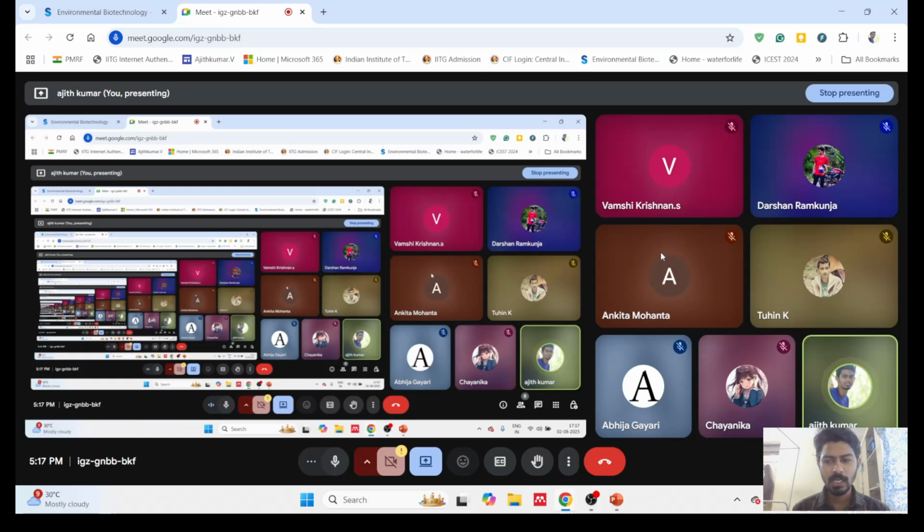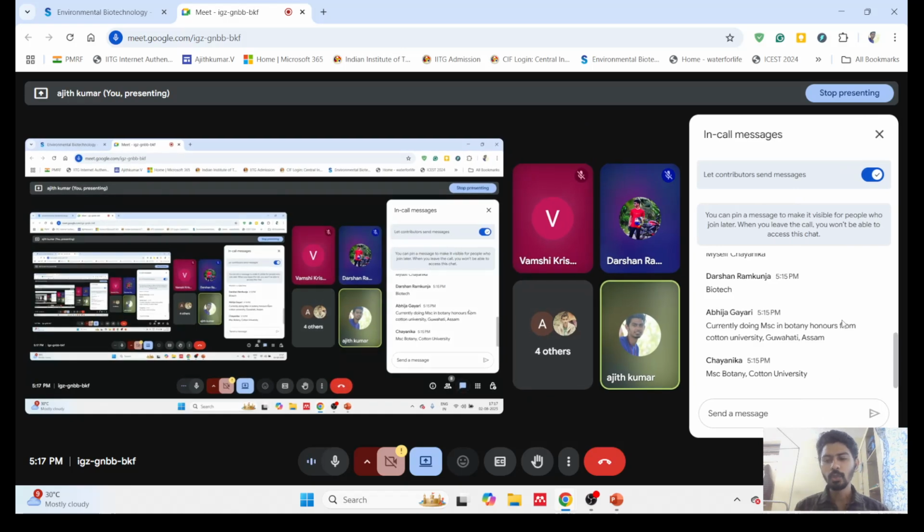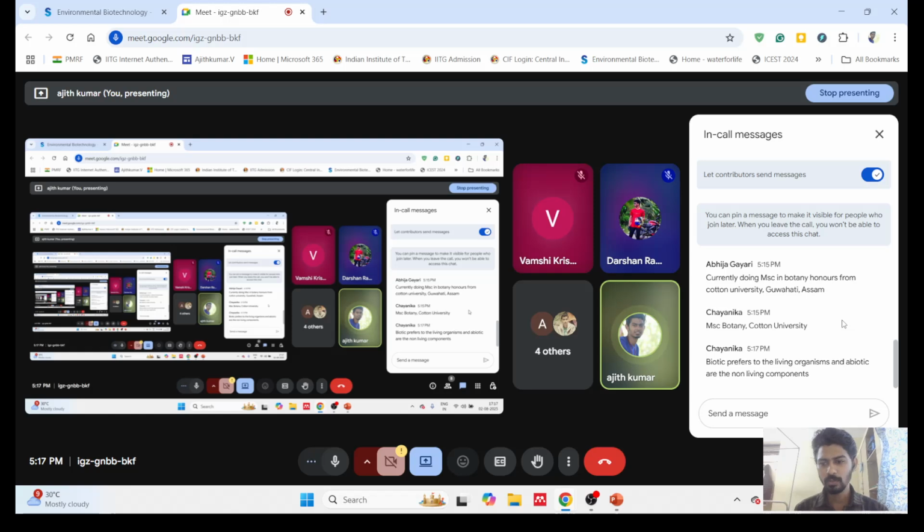You can post your answers in the chat box also. Okay, Chayanika: biotic refers to living organisms and abiotic to non-living components. Yes, exactly.